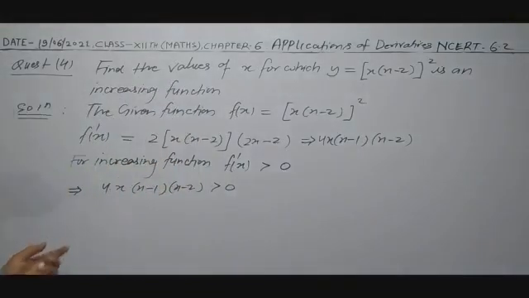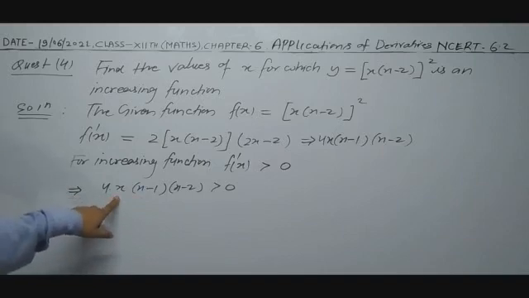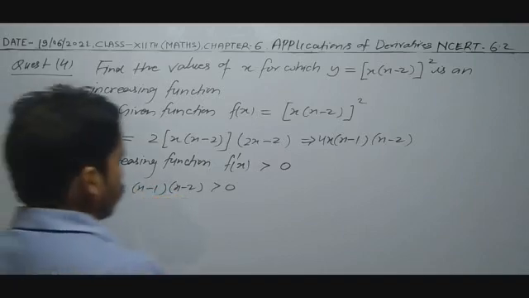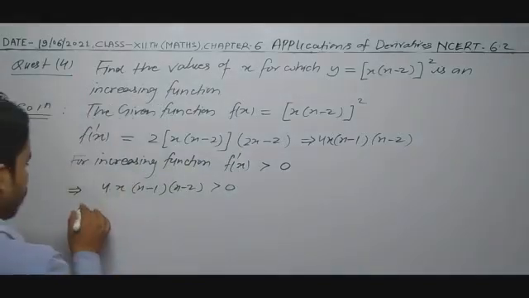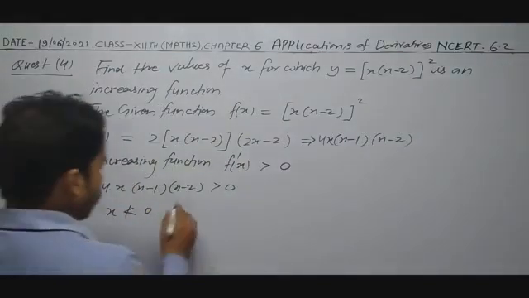what can you say, 4 is always greater than 0, and what can you say about x? x is not less than or equal to 0, x cannot be less than 0.